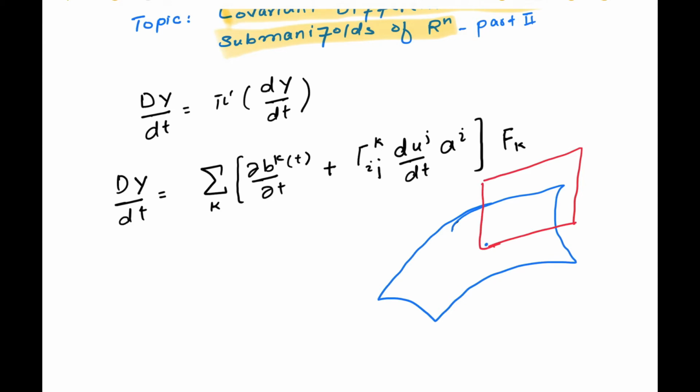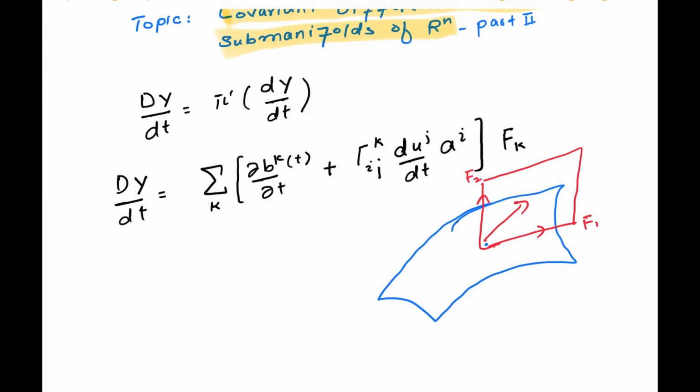There will be basis vectors for this tangent plane, such as f1, f2, etc. In general case, there will be n basis vectors. Then any vector in this tangent plane can be represented as a linear combination of these basis vectors.